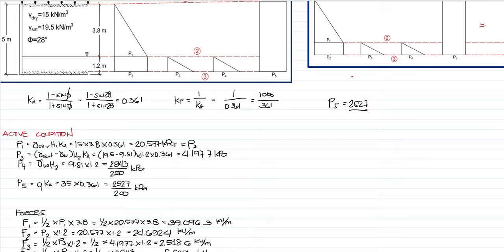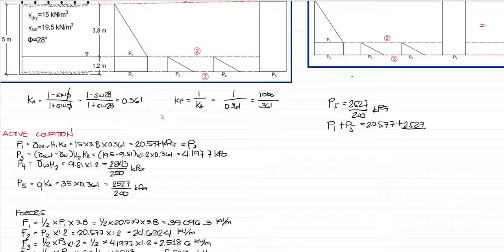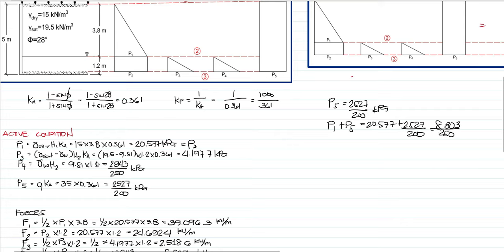2527 over 200 kilopascals. Then, on the second level, P1 plus P5. So, that is 20.577 plus 2527 over 200. So, we could have a value equivalent to 8303 over 250. Next, we could have P2 plus P3 plus P4 plus P5.